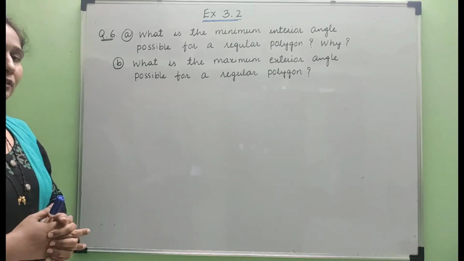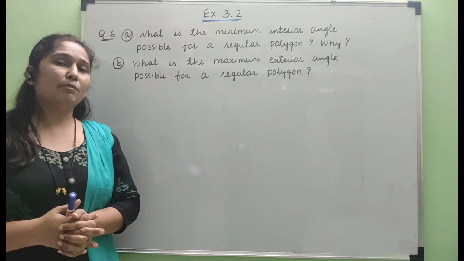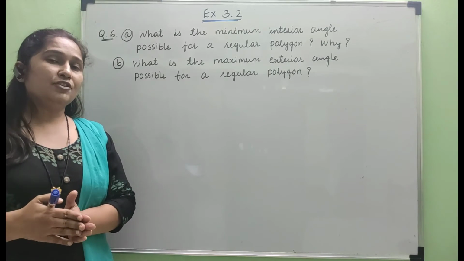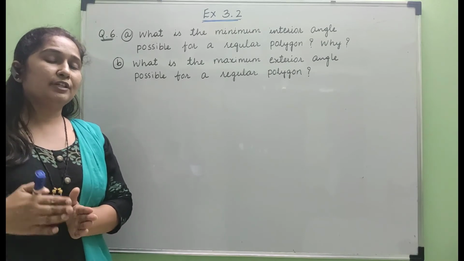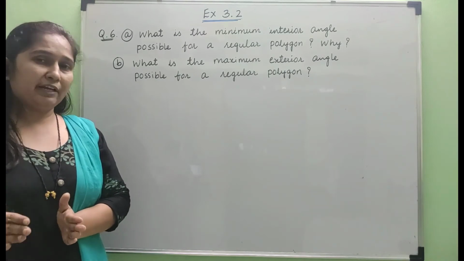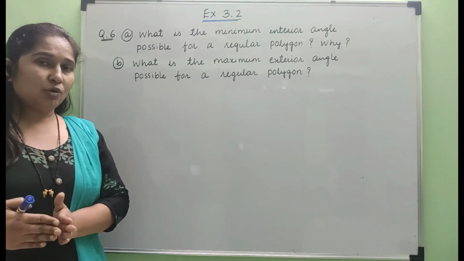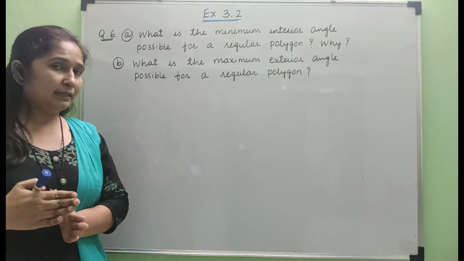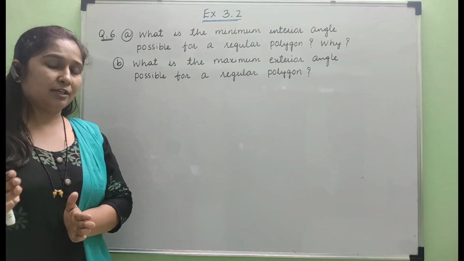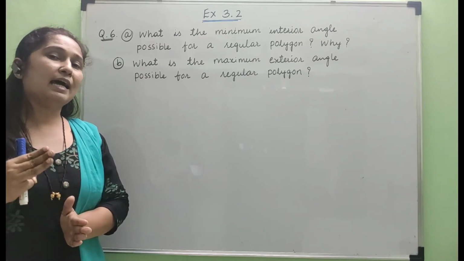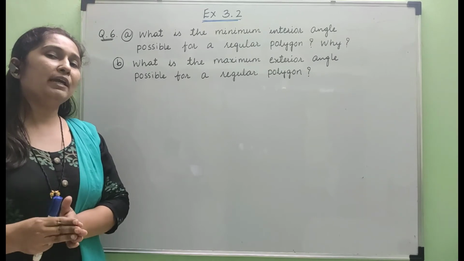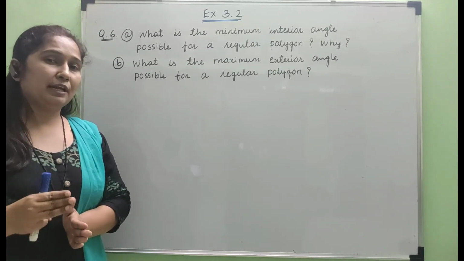So for which type of polygon is the number of sides less? A triangle has 3 sides, a quadrilateral 4 sides, a pentagon 5 sides. So which is the minimum? In the triangle we get only 3 sides. So when the number of sides is minimum, you will get the minimum interior angle.